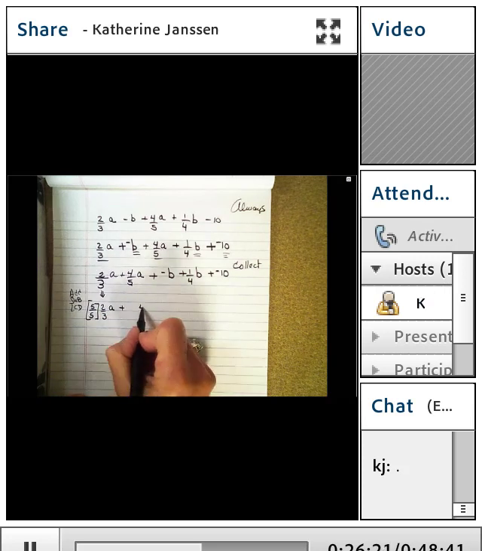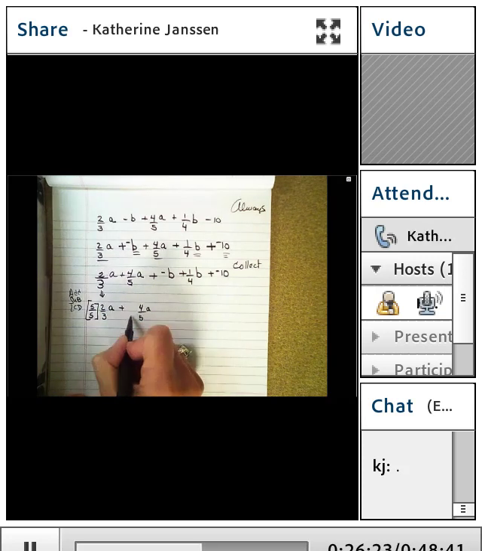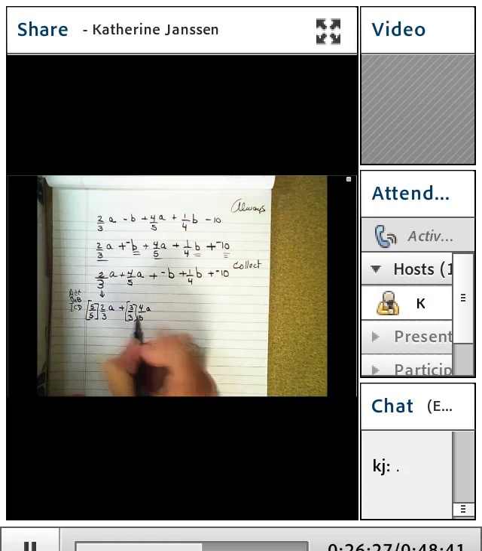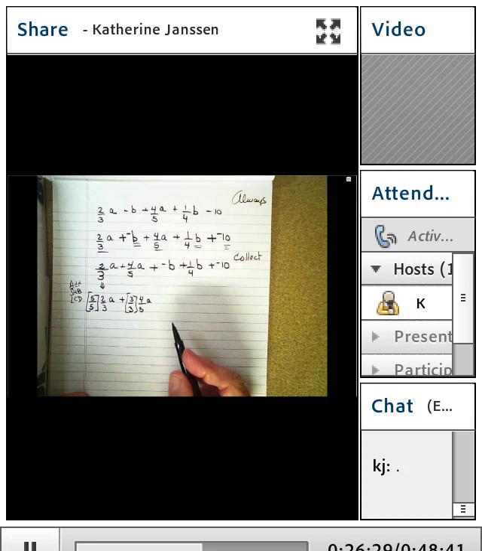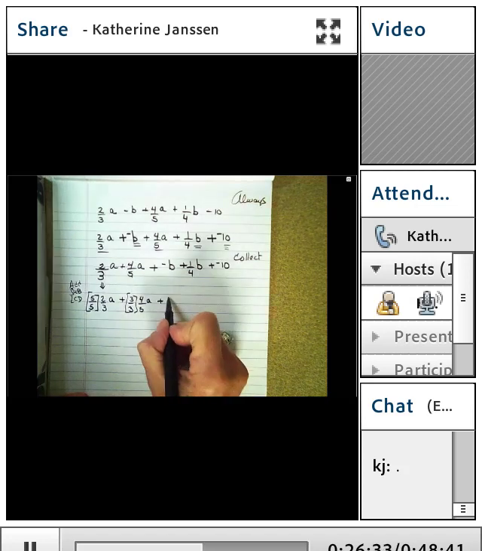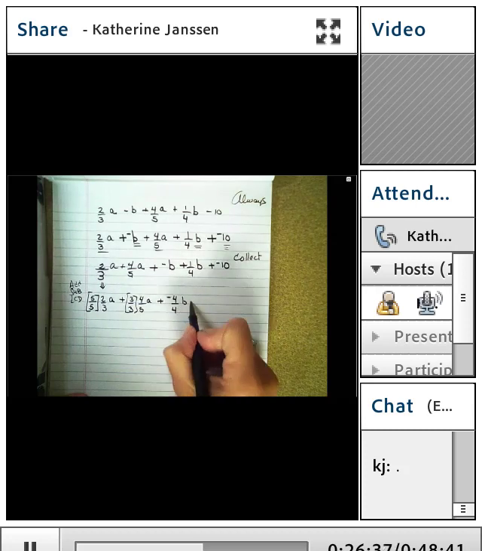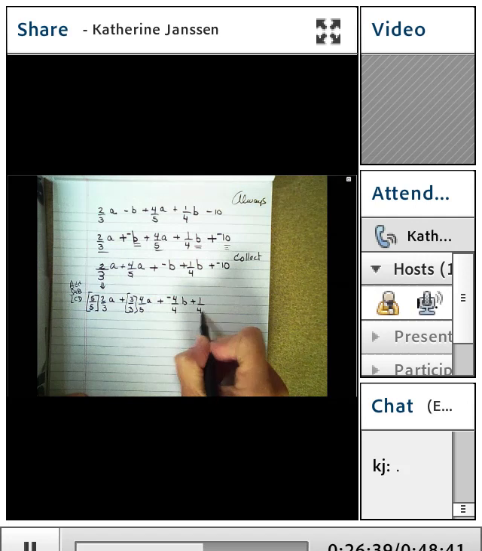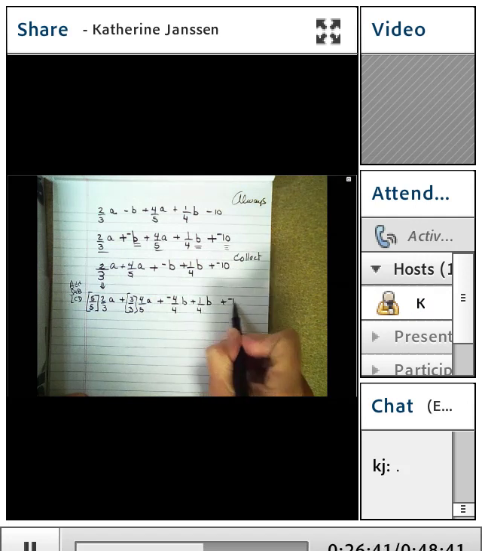Plus 4/5 A. And I want to multiply by 3 in the numerator and the denominator. Plus, this is actually a negative 4/4 B to get a common denominator of fourths. And I have my constant 10.